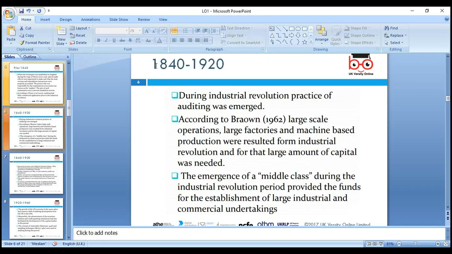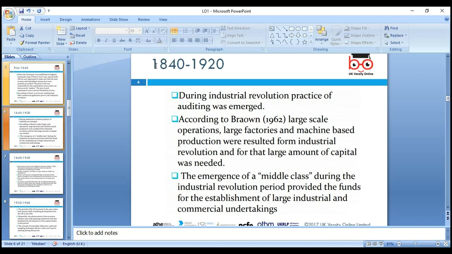Then 1840 to 1920, during the industrial revolution, the practice of auditing emerged. Large-scale operations, large factories and machine-based production resulted from the industrial revolution, but large amounts of capital were needed.